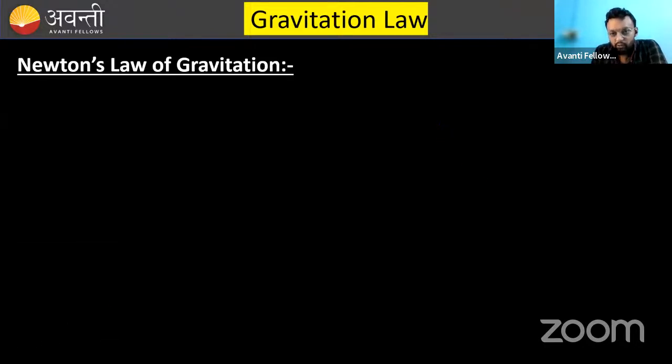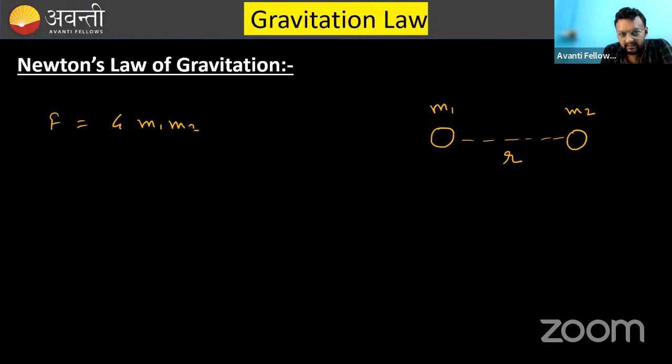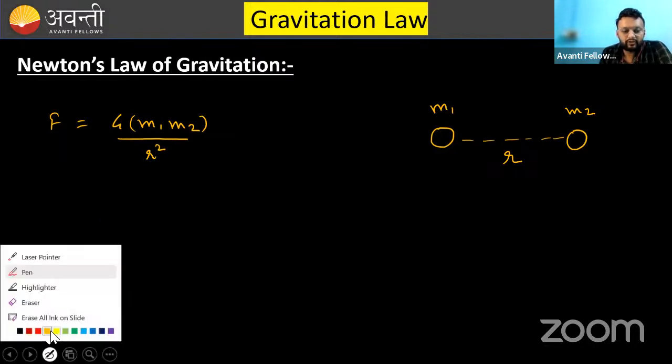Let's suppose there are two masses, one is M1, another is M2, and they are separated by a certain distance r. Then Newton says that the force between them, F, is equal to G into the product of masses divided by the separation square. This is Newton's law of gravitation.